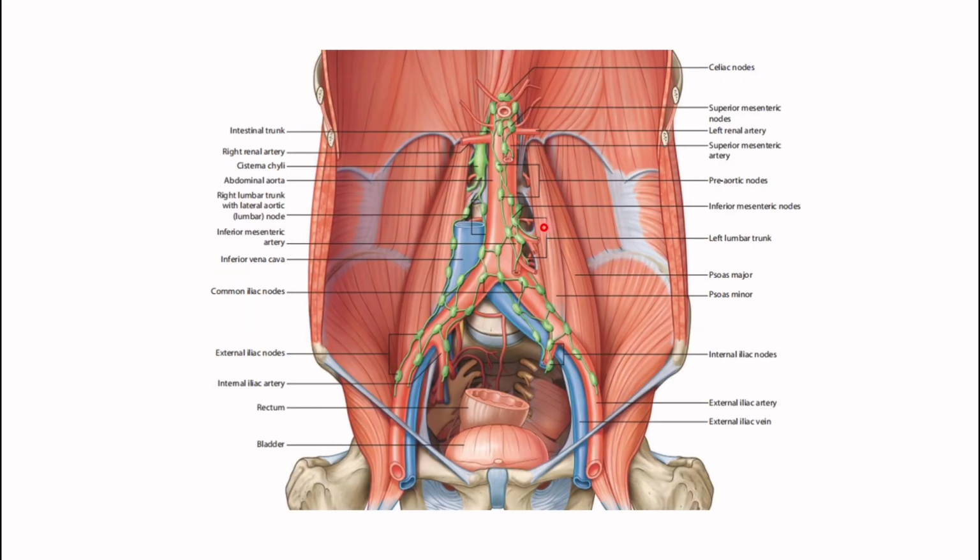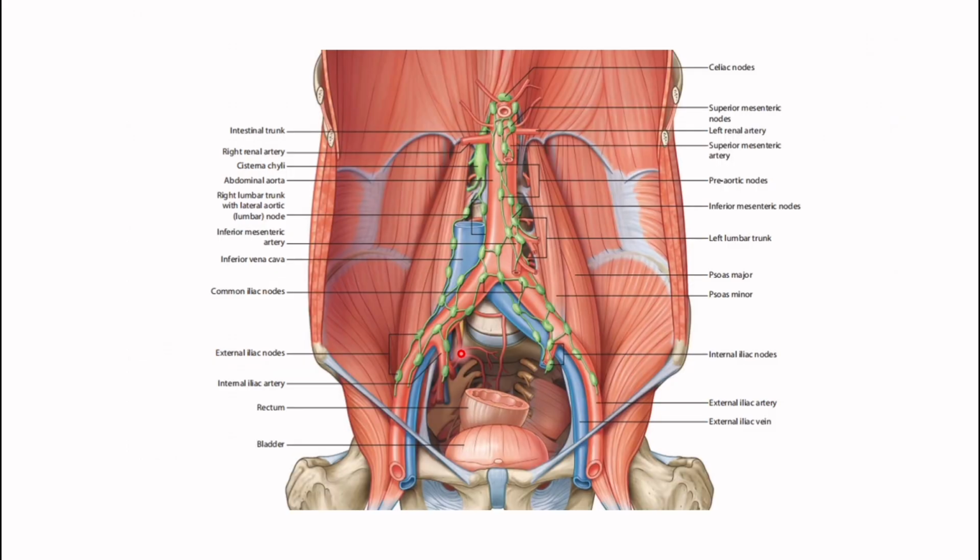Lymphatic drainage will correspond with the aorta. They are called lateral aortic lymph nodes. They'll drain the ureter. Okay. Then also we'll have drainage from the internal iliac nodes. So these ureters, their lymphatic drainage will just follow the arteries and veins.